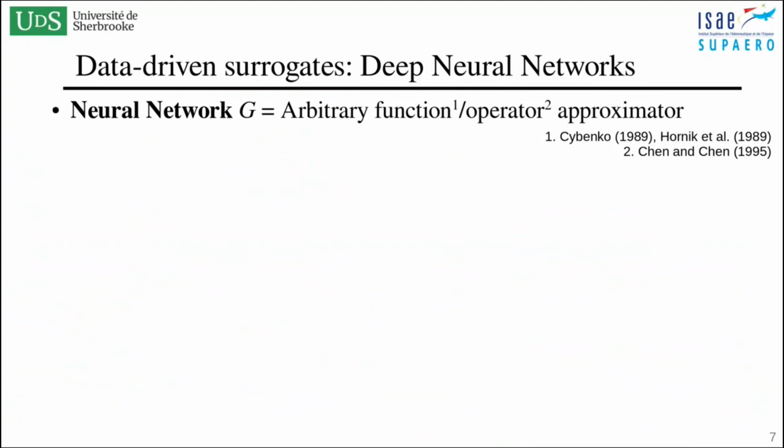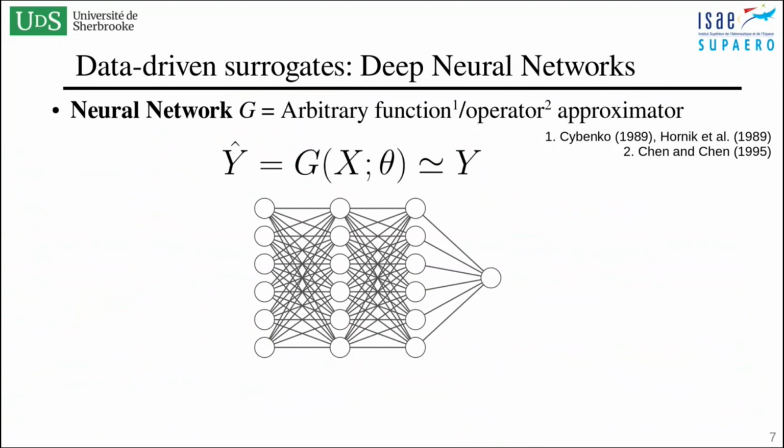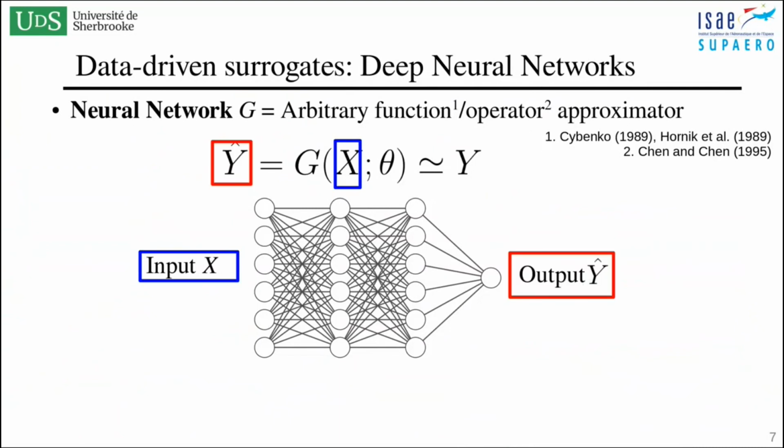So what is a deep neural network? It's just an arbitrary function or operator approximator, which we will call G throughout this presentation, and it's defined as such. This G takes as input some vector of inputs X, and then predicts some output Y hat, shown here.